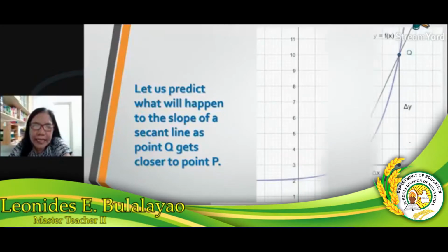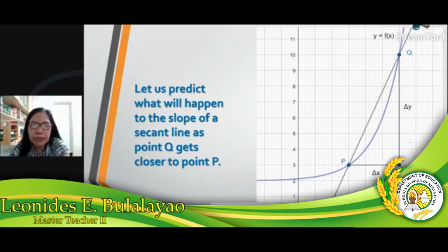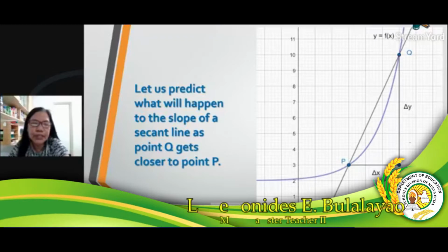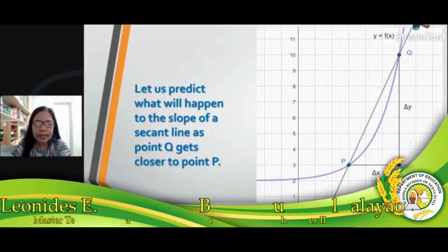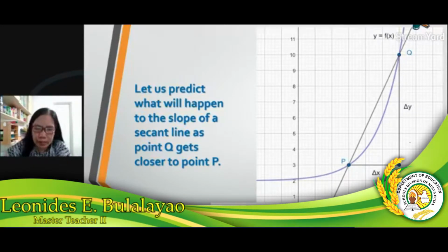So let us predict what will happen to the slope of the secant line as point Q gets closer and closer to P. We will visualize what will happen to the secant line using GeoGebra.